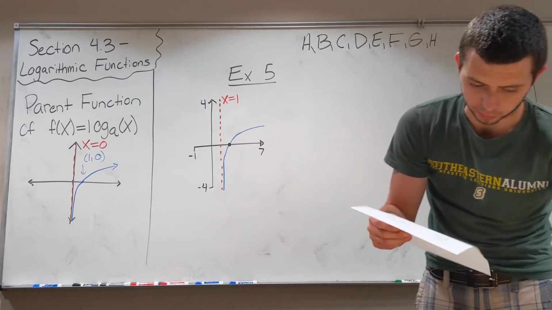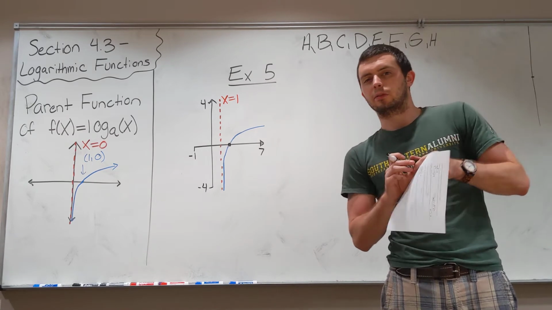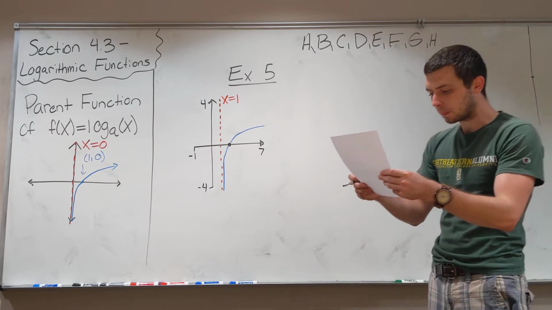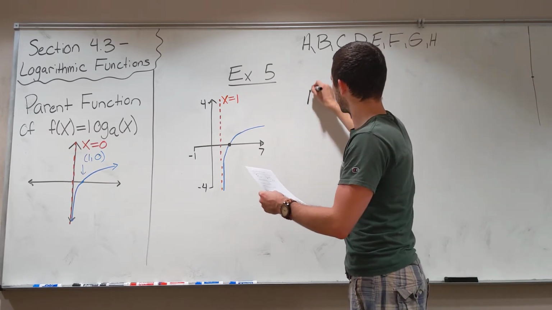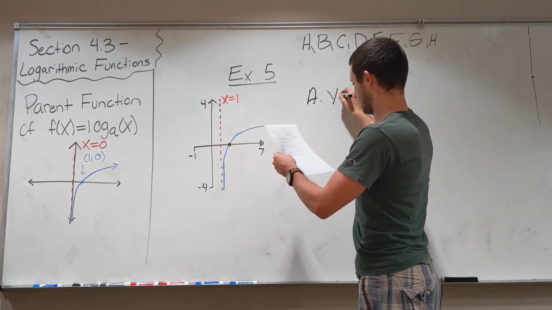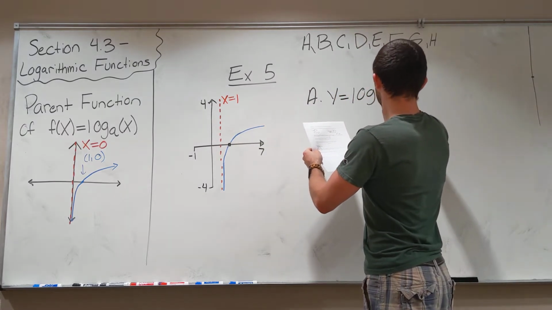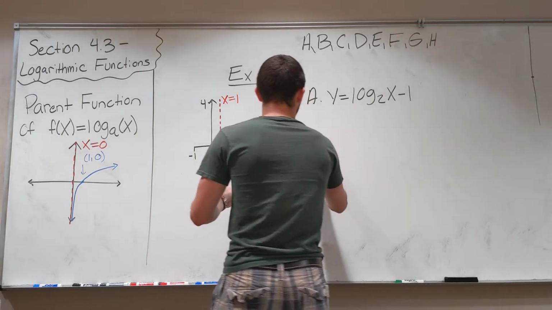So let's go ahead and go through these one by one and get rid of all the ones that have a negative in front of an x variable or in front of the whole function itself. So A seems to be okay. So I'll go ahead and write down A. So A is okay. B seems fine as well.